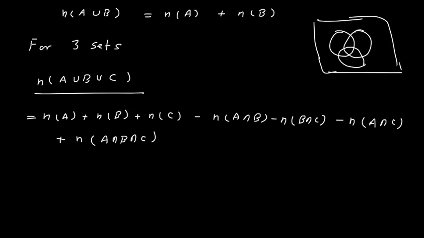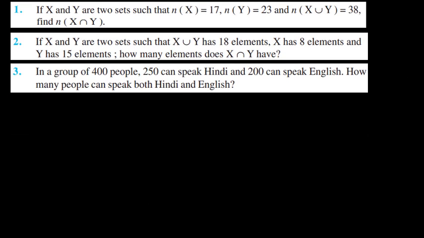So now let us see the problems. In the first problem, n(X), n(Y) and n(X union Y) are given, and we have to find n(X intersection Y). So we first write n(X union Y) is n(X) plus n(Y) minus n(X intersection Y).